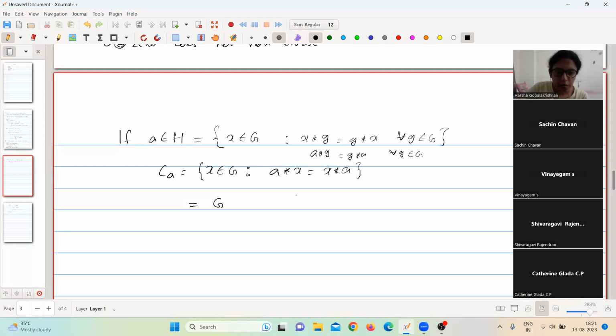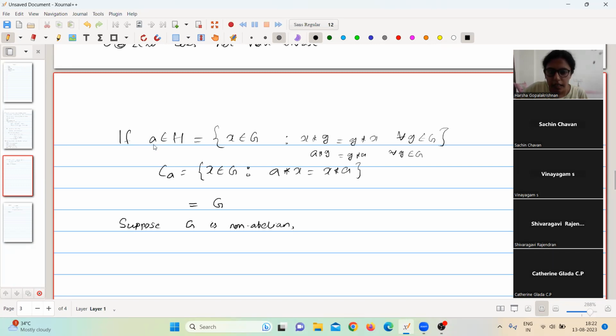For example, suppose again I am taking G to be a non-abelian group. In this case, C_A equals the set of all x in G. So just by definition, C_A equals the set of all x in G such that A star x equals x star A. Correct? So the question was, if A belongs to the center, what will be C_A?